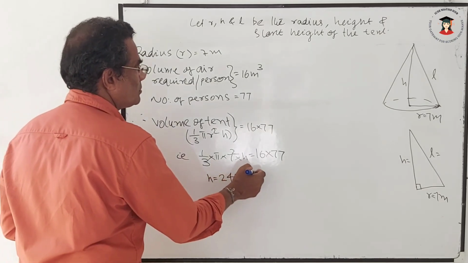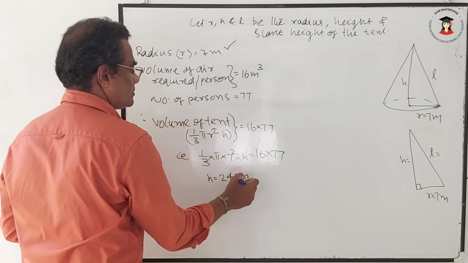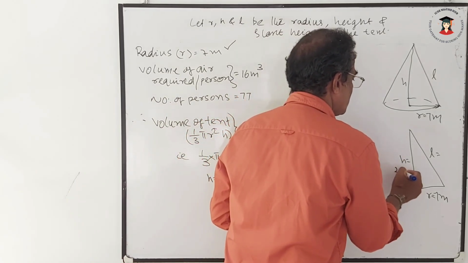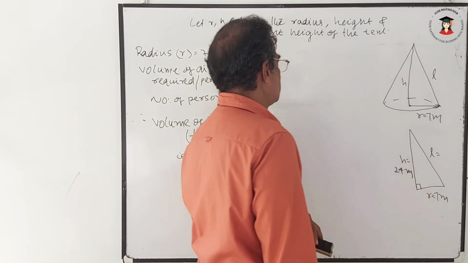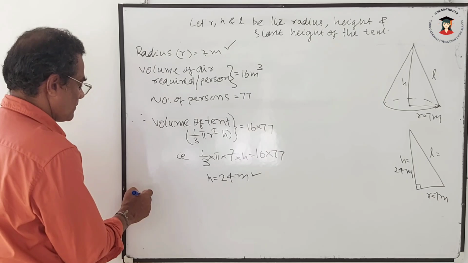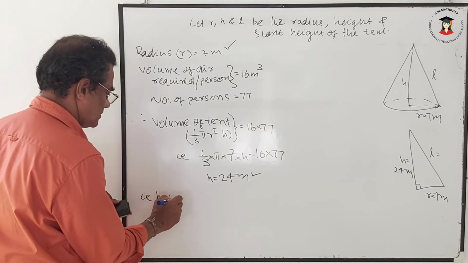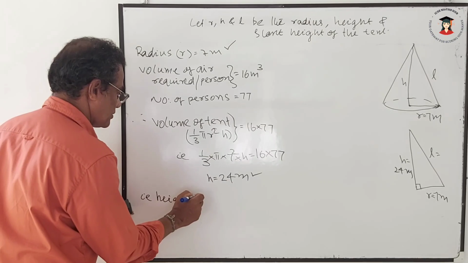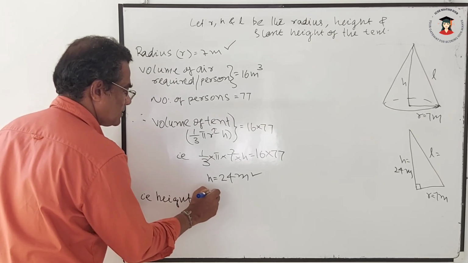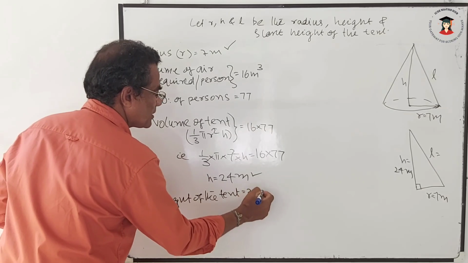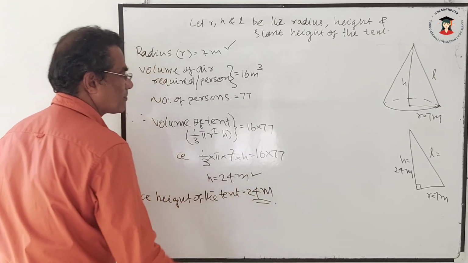So now we know r and h. h we obtained as 24 meter. That is the height of the tent. Height of the tent equal to 24 meter. This is one answer.